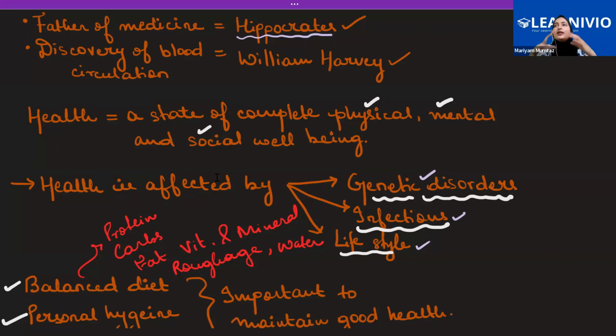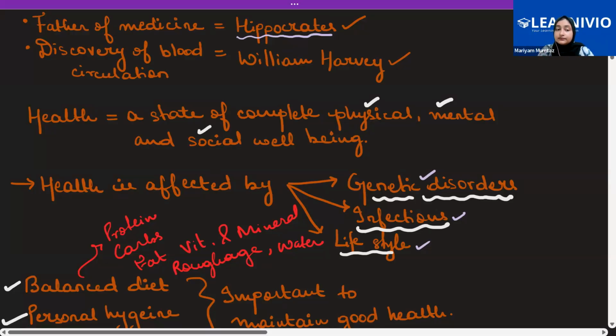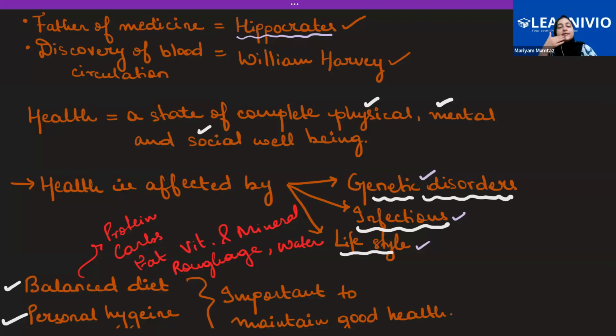But if a person doesn't have an active lifestyle, is very sedentary, and eats a lot of junk, highly oily food, processed foods, and excessive amounts of meat, then the person's health could also be affected. The person's body physiology could be affected. So these three things affect the health in general: genetic disorders, infections, lifestyle. Is it clear, students? Yes, ma'am.